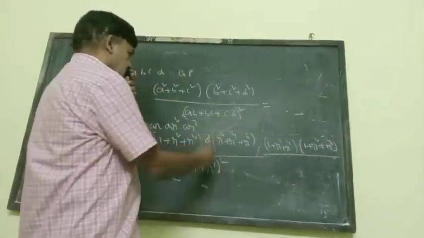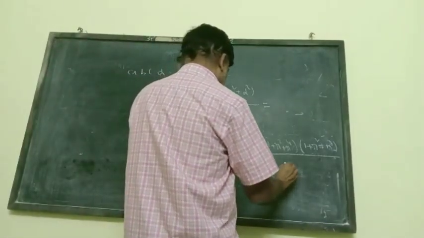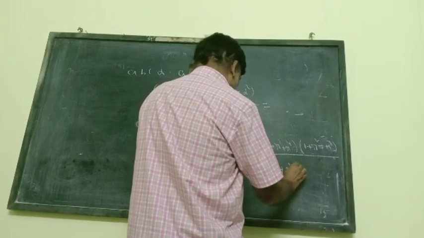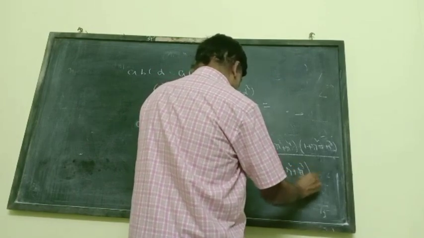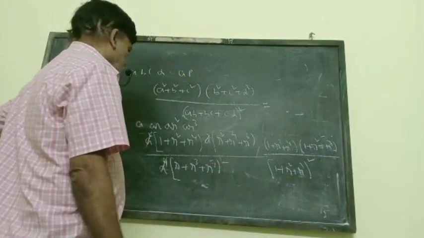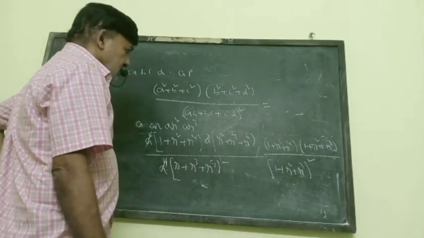You are taking R square outside. Here below, what do you get? 1 plus R square plus R cube whole square.